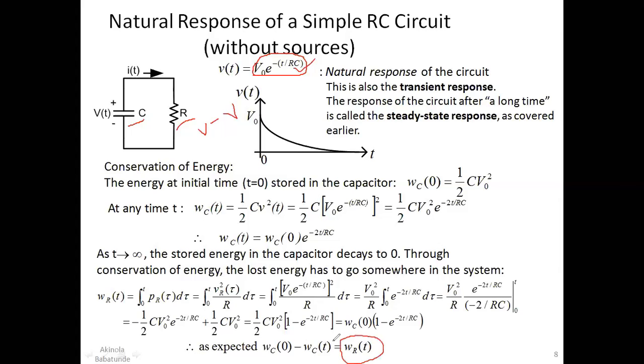If you want, you can make WC of t the subject, it becomes WC of 0 minus WR of t. If you want, you can make WC of 0 the subject. It will become WC of t plus WR of t. So you can make any one of them the subject of your expression, depending on what you're looking for, and find what is missing.